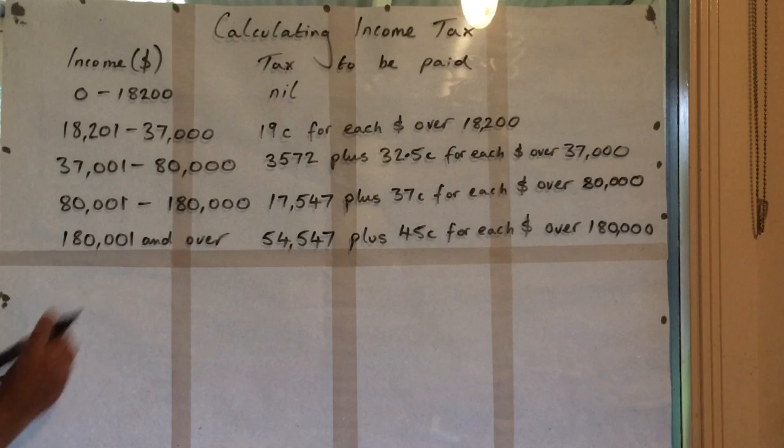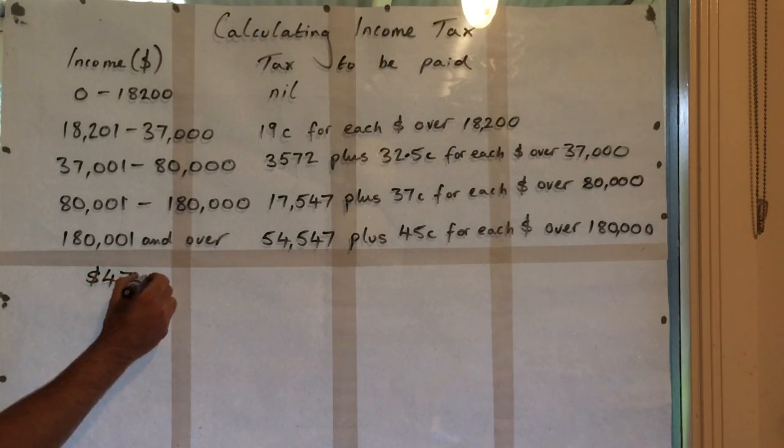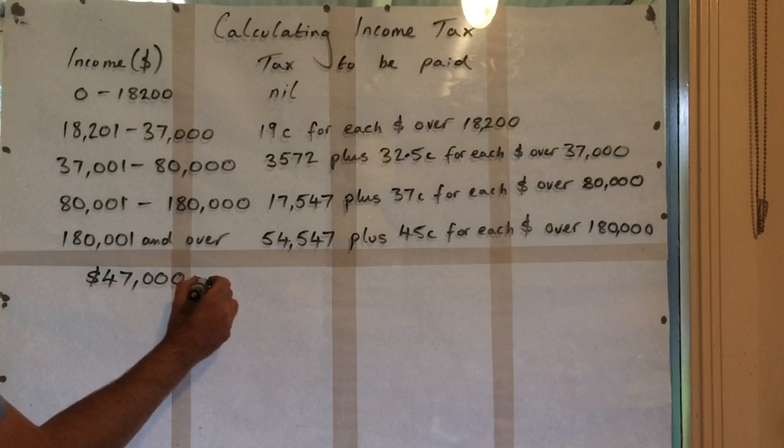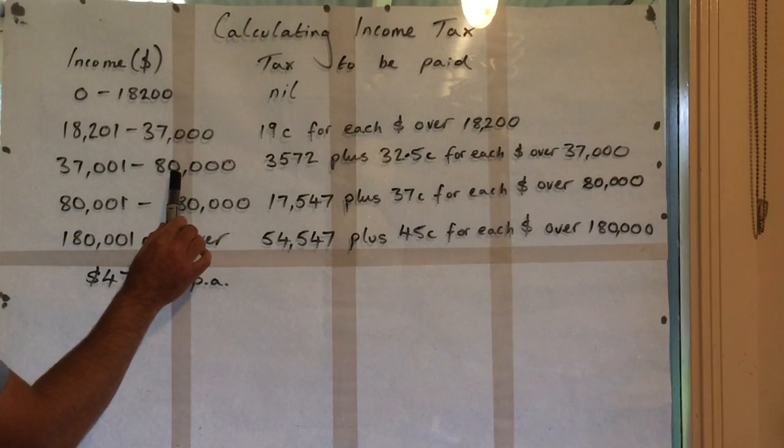Let's try a different one. Now we're going to try, say for example, somebody that earns, for simplicity reasons, $47,000 per annum. Okay? So what we do is we think, which tax bracket do they go into? They are in this tax bracket here.